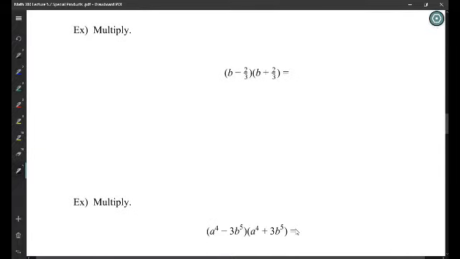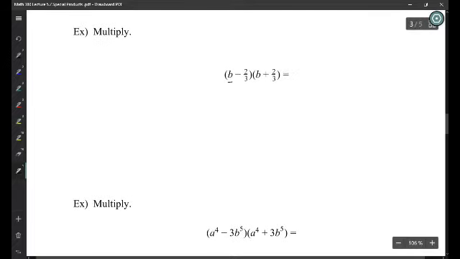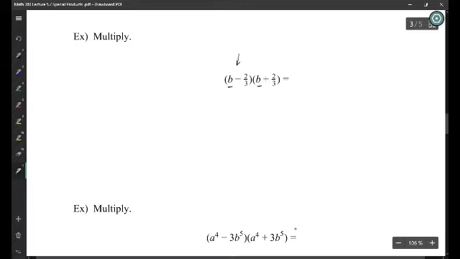All right, can we apply difference of two squares here? Well, we have the same thing here and here. We have minus and plus, and then the same term in the second slot.